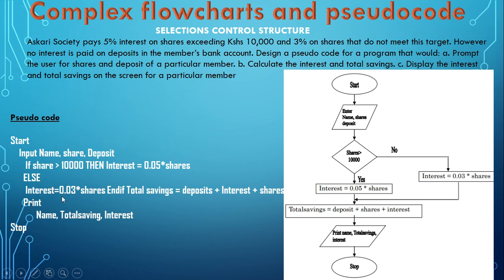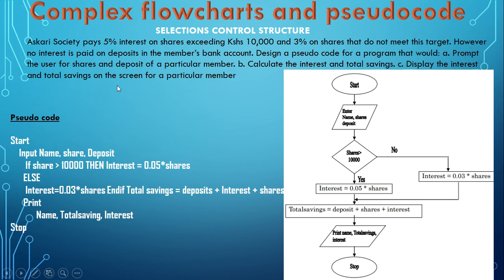Else, interest is the other percentage times shares. Then end if. Then you calculate the total savings: total savings equals deposit plus interest plus shares. Then you print the name, total savings, and interest.